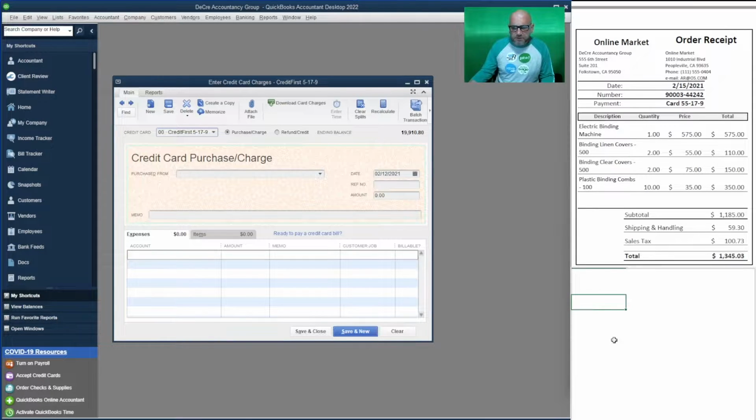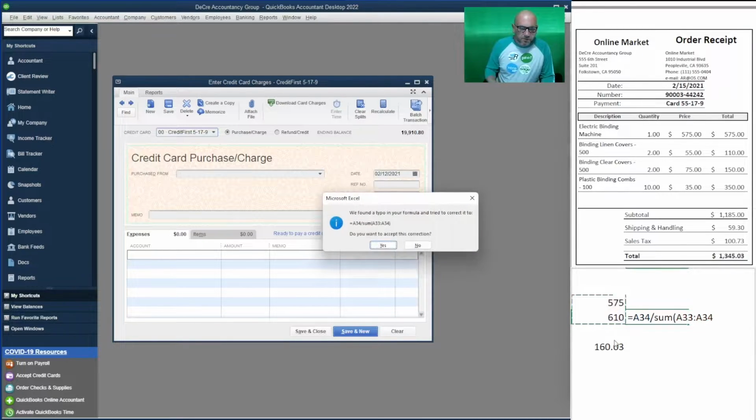In this specific instance, let's go ahead and take our total. Our total for the binding machine is 575, and then all the other items are there they are. So in our allocation, what we need to allocate is the sales tax of 73 plus shipping. So this is divided by the sum of these two items.